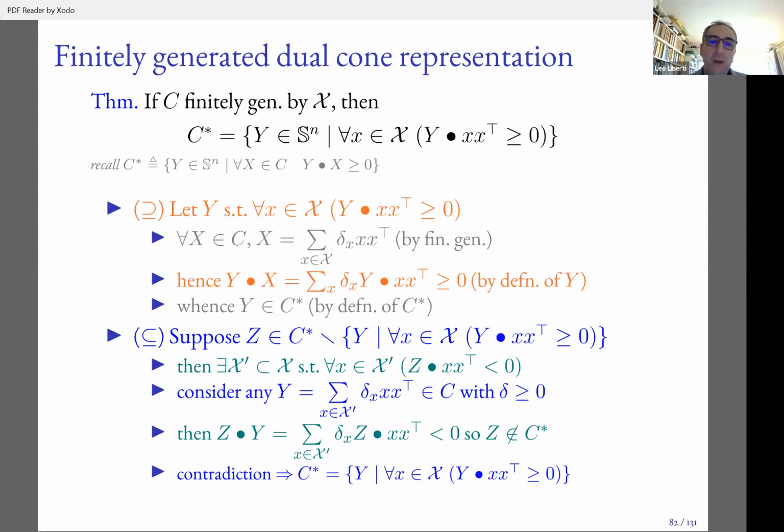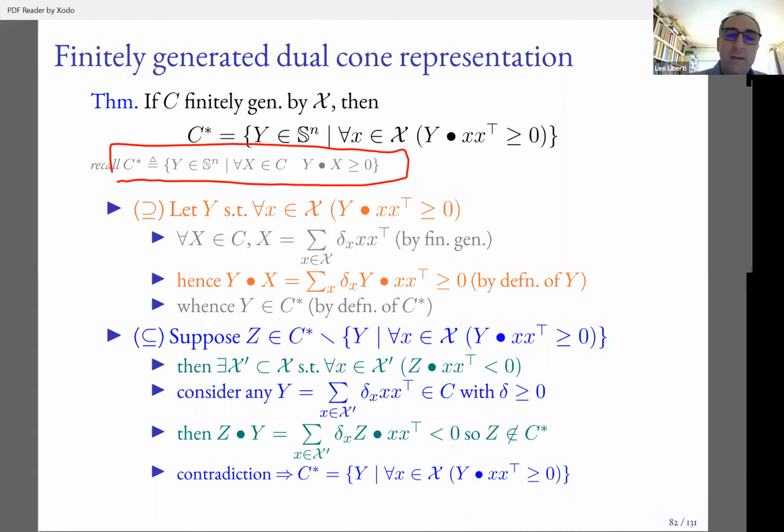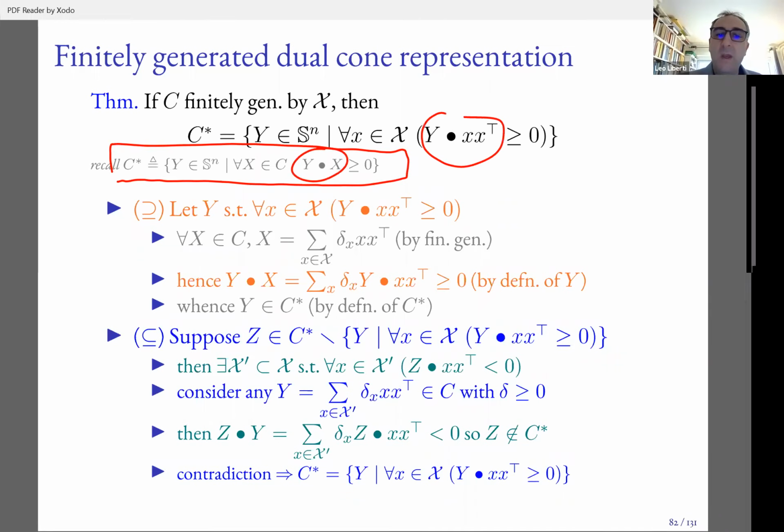Now this theorem is about the representation of the dual cone. By definition we said that the dual cone is this. And this theorem states that we can restrict the Frobenius product to the rank 1 matrices in the finite generating set.